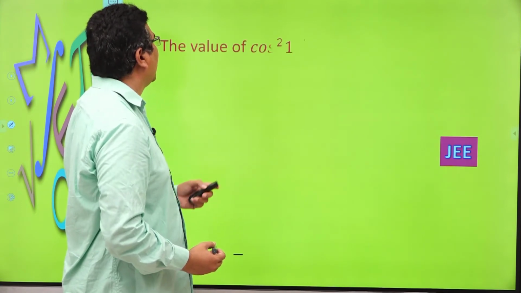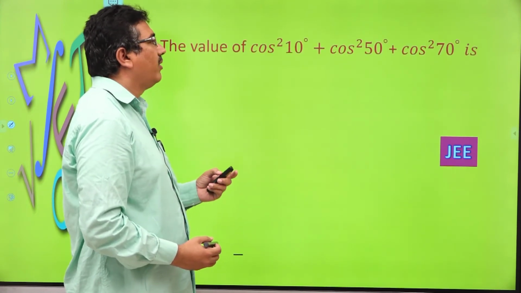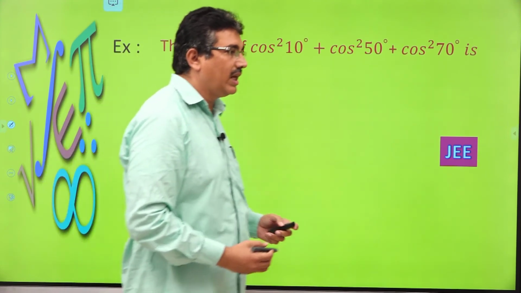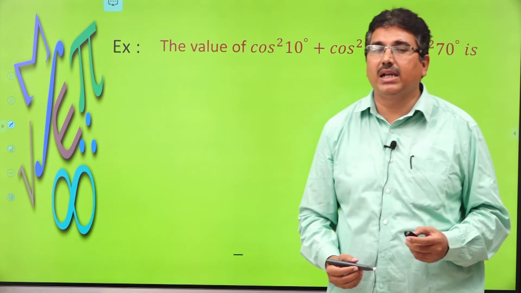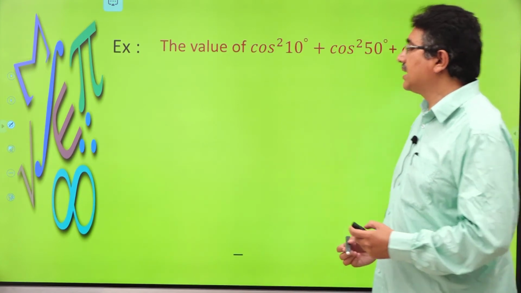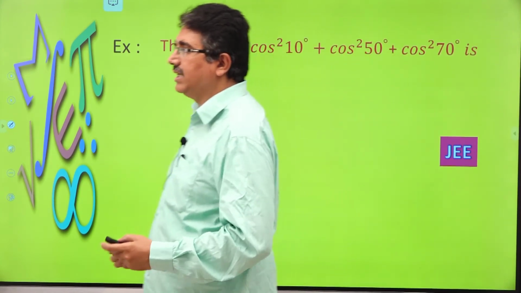Right, see one example. What is the value of cos square 10 degrees plus cos square 50 degrees plus cos square 70 degrees?